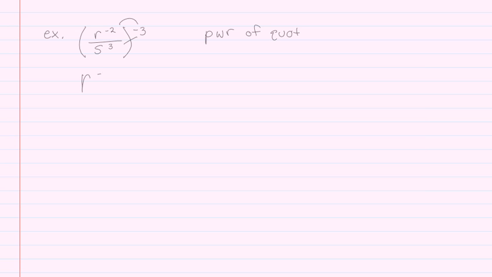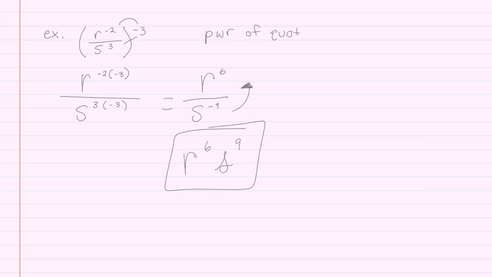So that becomes r to the negative 2 times negative 3 power, and s to the 3rd power times negative 3. So I get r to the positive 6th power over s to the negative 9th power. And that's almost finished. However, that negative exponent allows us to take the reciprocal and move it from the denominator to the numerator. So that becomes r to the 6th, s to the 9th. And that is its fully simplified form.